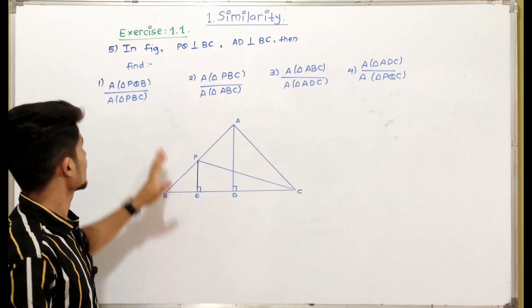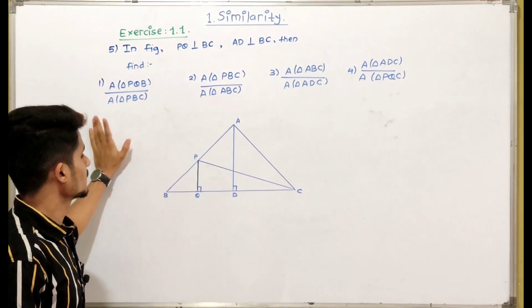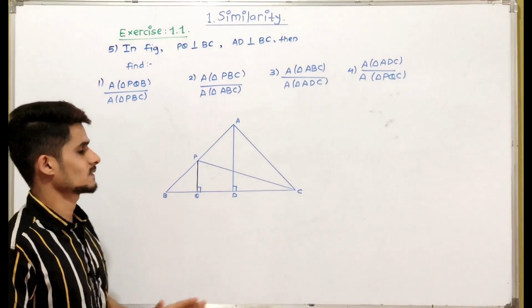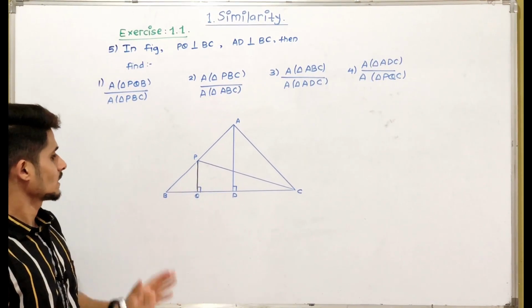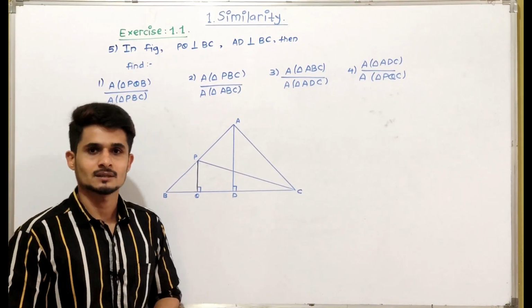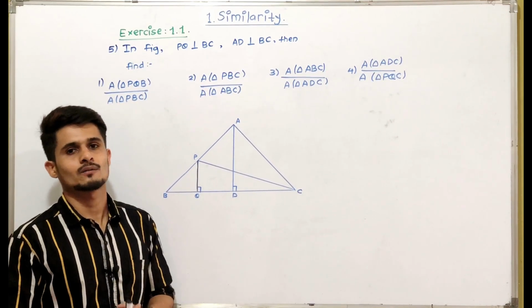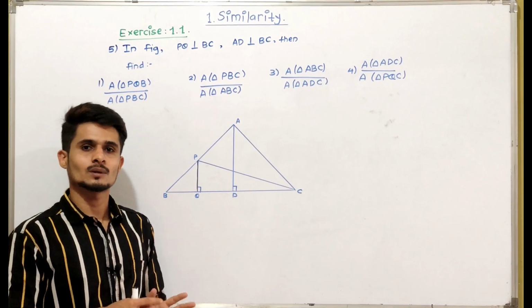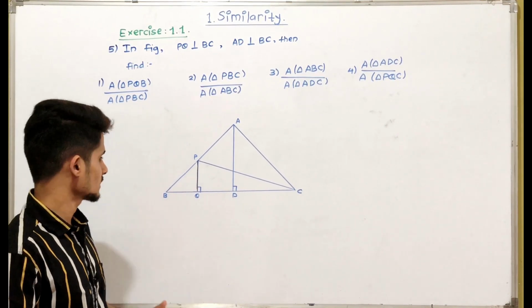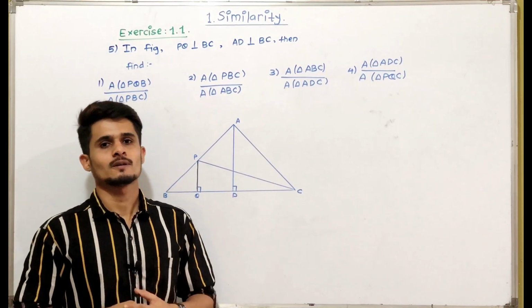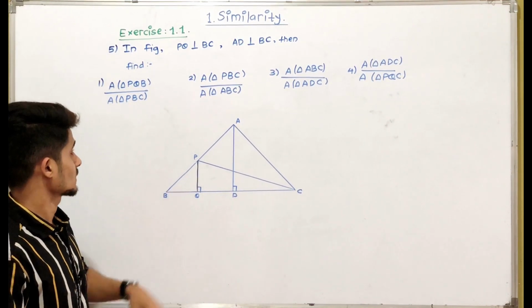Firstly, we have to write that triangle PQB and triangle PBC have same height, that is PQ, and after that write a statement, that is ratio of area of two triangles with equal height is equal to the ratio of their corresponding bases. With that property, solve it and find base.